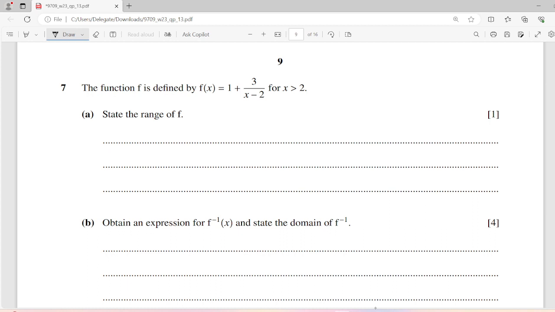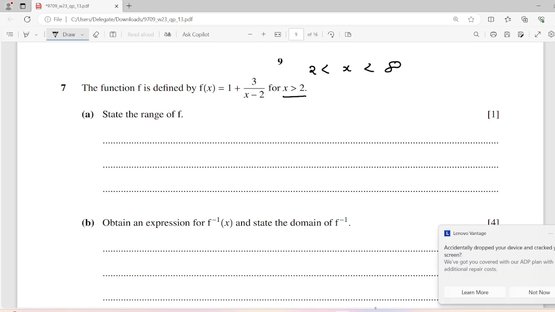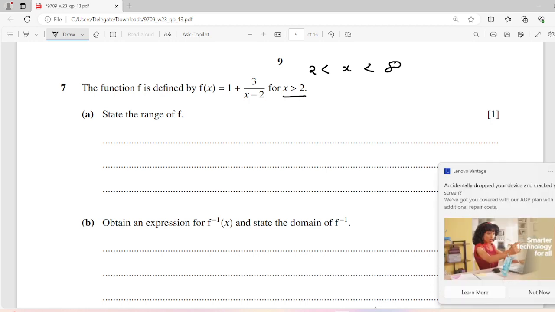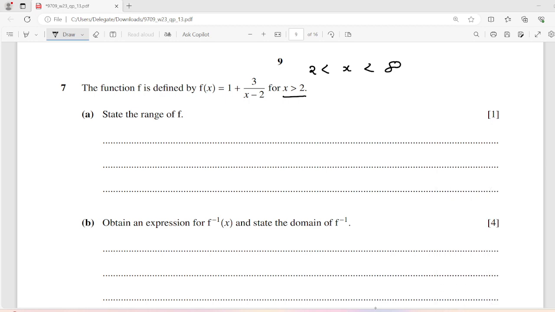So according to the domain, we have x greater than 2, meaning if I'm to formulate the domain, it would be 2 to infinity, right? So when you make your x to be 2 in this very expression, I'm going to put 2 and infinity.